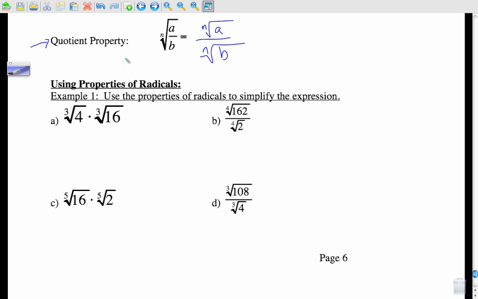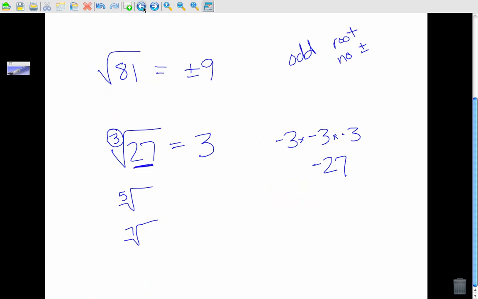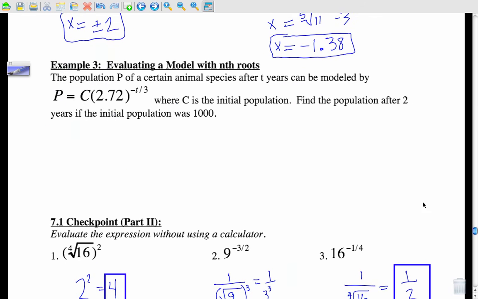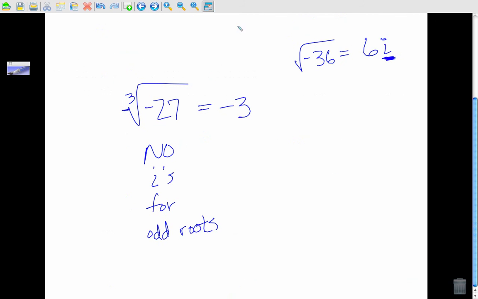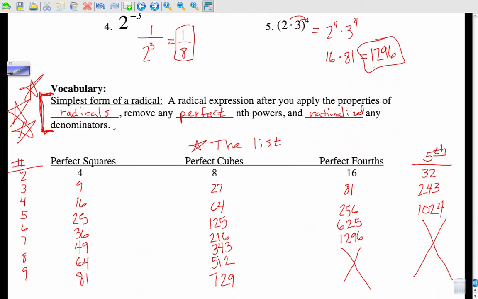This is not on my list under the third root. Remember the list that we made, if I go back a little ways. This is the list I'm talking about. If we're looking for cube roots, I'm looking right here under this perfect cubes list.